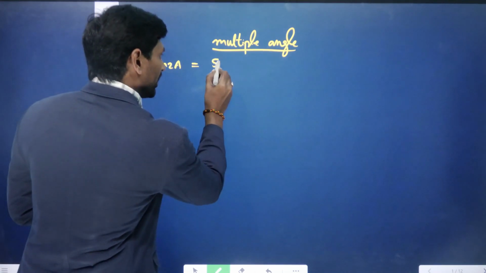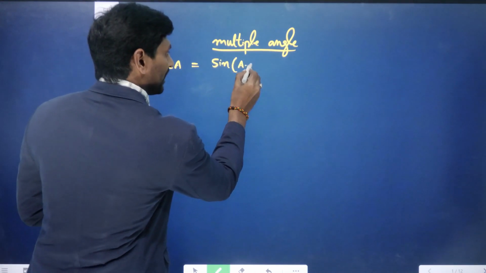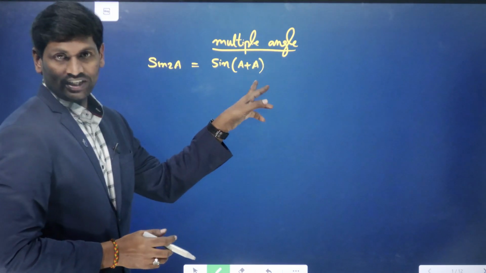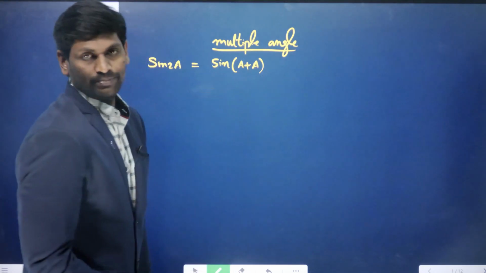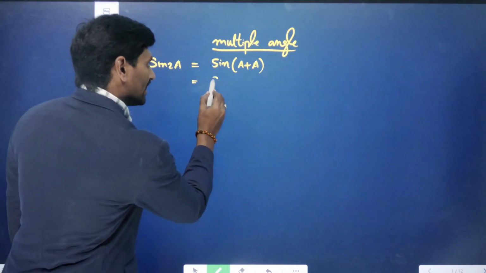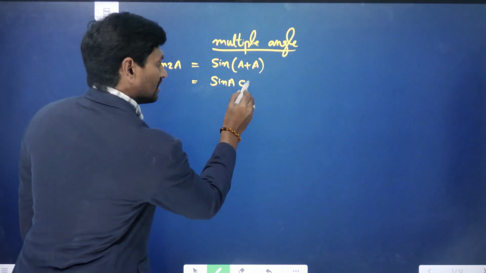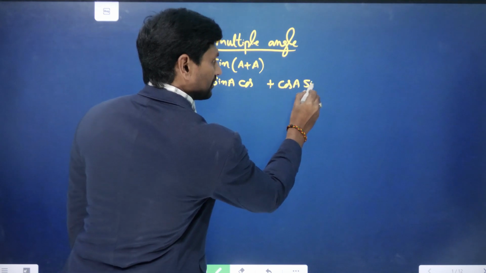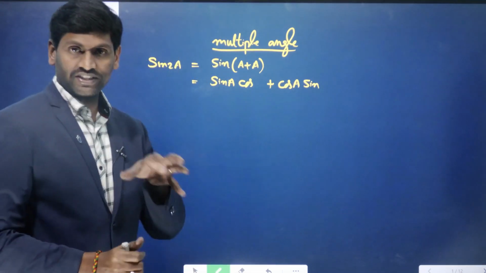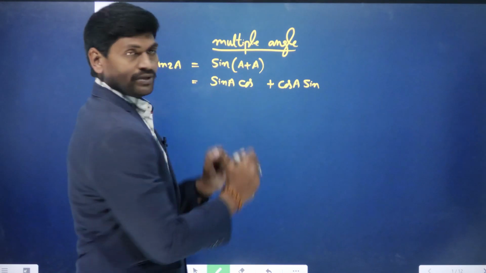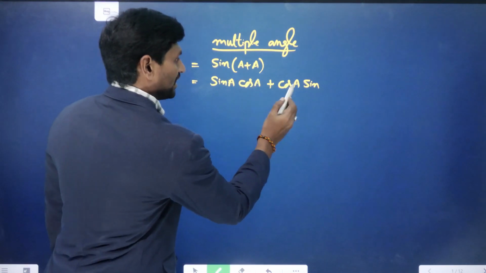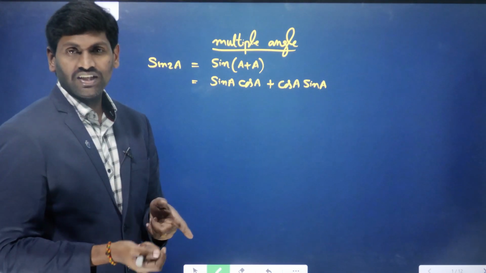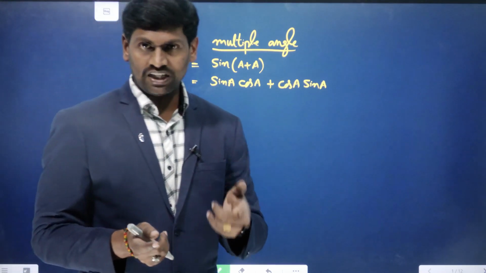So that means sin 2A I am going to write as sin(A+A). Sin 2A is nothing but A plus A, 2A, right? Now it is in the form of sin(A+B). The sin(A+B) formula is sin A cos B plus cos A sin B. But in the place of B also we are having A. So sin A cos A plus cos A sin A, both are the same terms, according to the commutative property under multiplication.